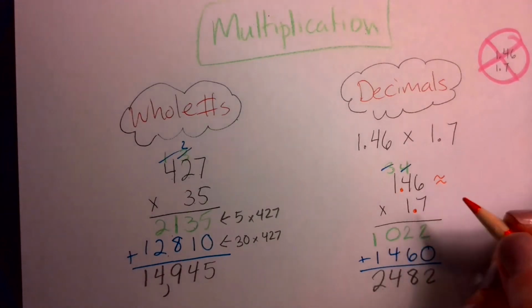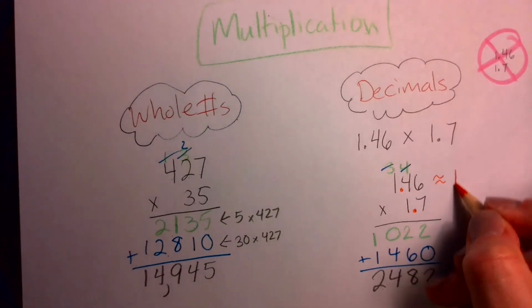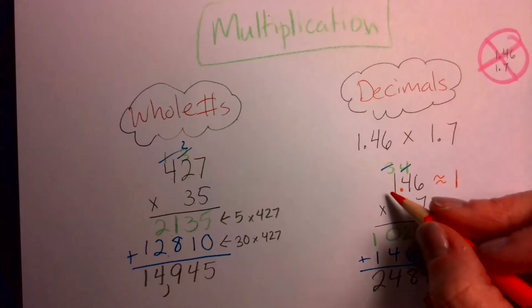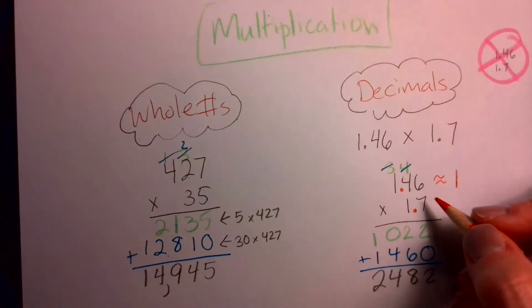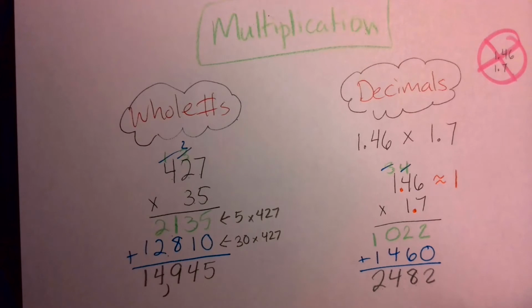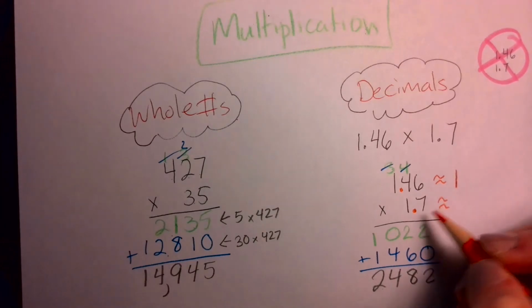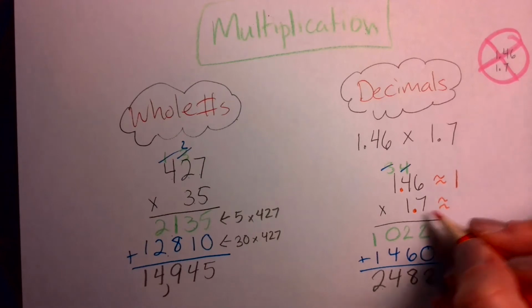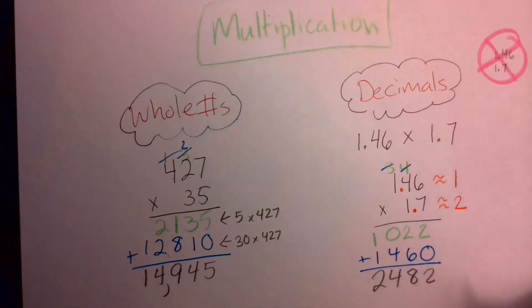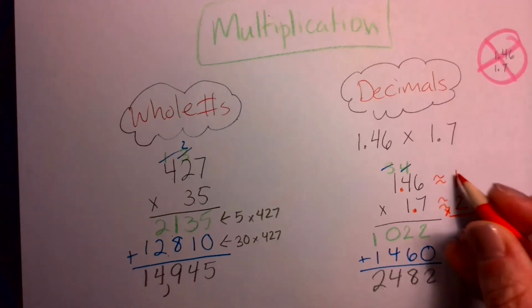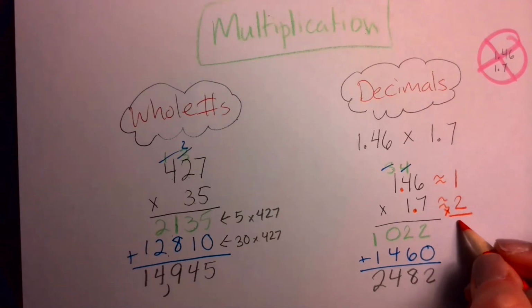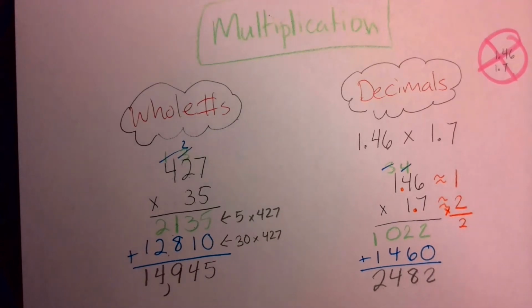So this is about how many wholes. You could say 1, right? 1 and 46 hundredths? No, even if you said 2 wholes, your estimate's not going to be wrong. It's just an overestimate. So then even for 1 and 7 tenths, it's really closer to 2 wholes. So my estimated answer, showing my thinking here, is my answer should be about 2.